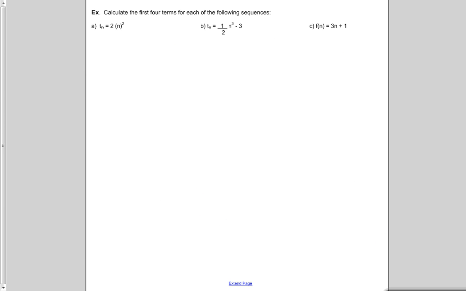So answering for general terms, it says calculate the first 4 terms for each of the following sequences. So term n, general term, is 2 times n squared. So I want term 1, term 2, term 3, and term 4. Term 1 is 2 times 1 squared, which is 2.